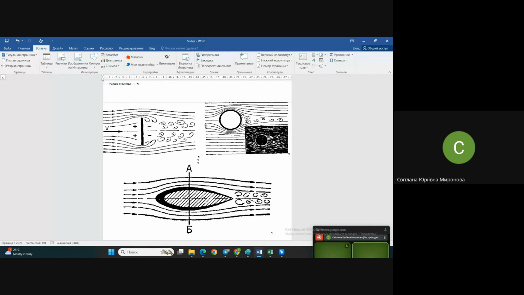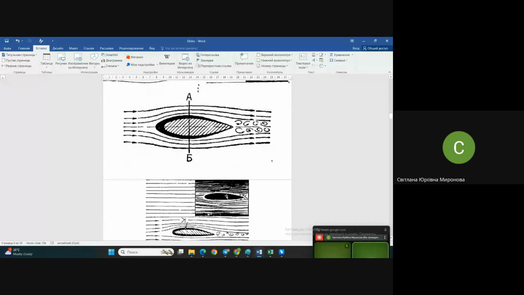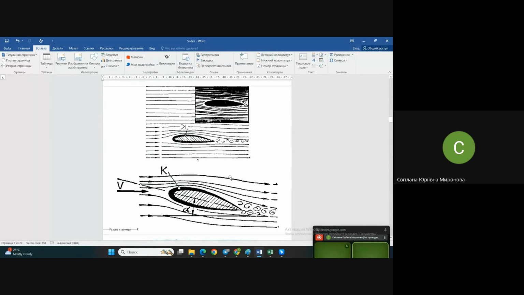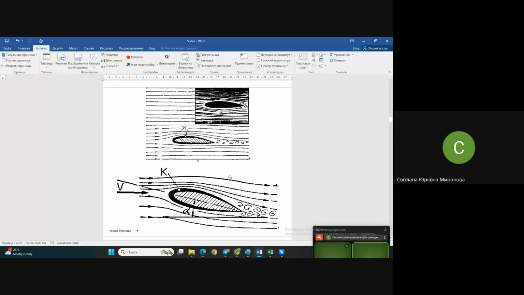And of course, they were searching for, let's say, ideal shapes. In their studies, they understood that the best shape is something like this drop, but a horizontal drop. But it was also noted that the position of this drop is important, the position with respect to the streamlines. It appeared that depending on the position of this shape, not an airfoil yet, but some shape, with respect to the streamlines, forces change significantly.